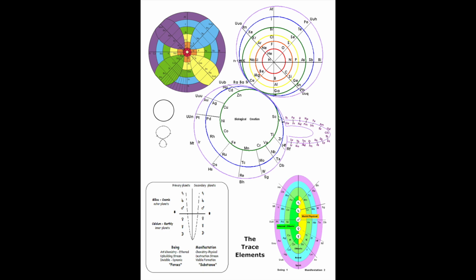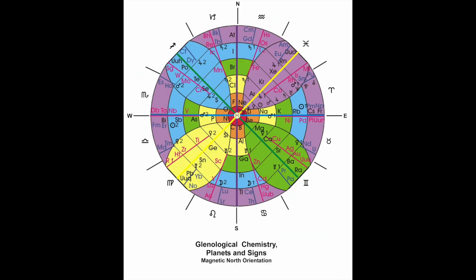So the harder elements are actually sitting in the world physical, whereas the elements sitting in the etheric sphere are these softer elements that are associated with life and fertility more. What we're doing is looking at these planetary aspects of these different elements.